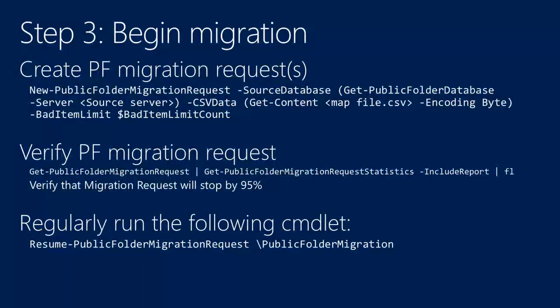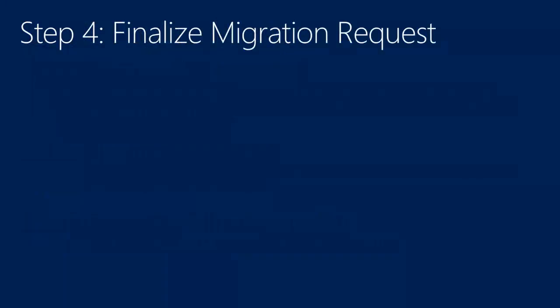That's a one-time process. Once it's stopped, it doesn't resume automatically. So after a while, you want to consider regularly running Resume-PublicFolderMigrationRequest, which brings your modern public folders up to 95% again. It synchronizes the changes to make sure that at the end, the delta sync will be as small as possible.